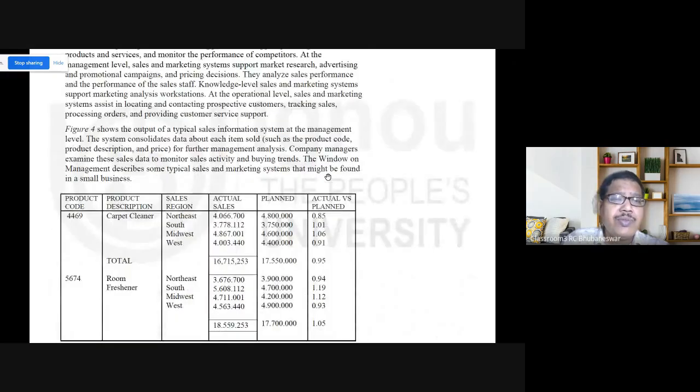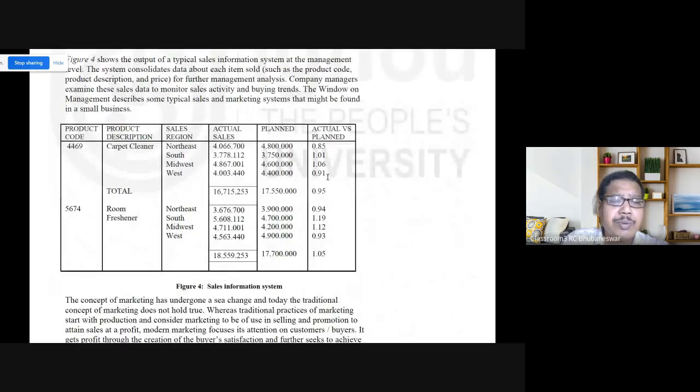Now coming to the charts to prepare a sales information system, you can see the product code, product description, sales region, actual number of sales, planned, and then we could go for plan versus sales, how accurate you are. This kind of information system we must keep so that we can understand whether we are meeting the goal or not.